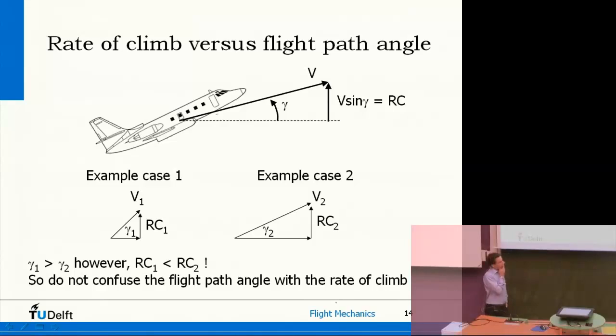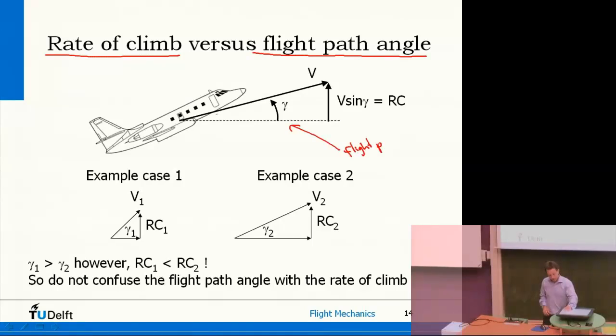So then I told you there's a time parameter and an angle. So this means there are two things that are important to look at. One is called rate of climb, and the other one is flight path angle. So if you look here, then the flight path angle is simply the angle gamma.